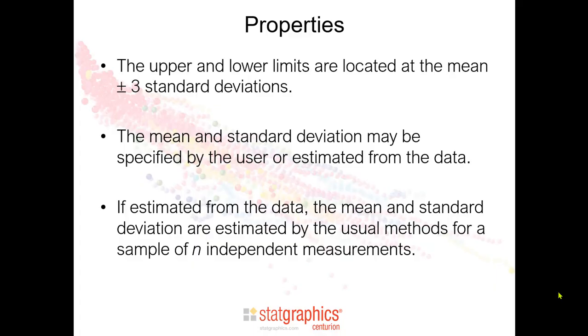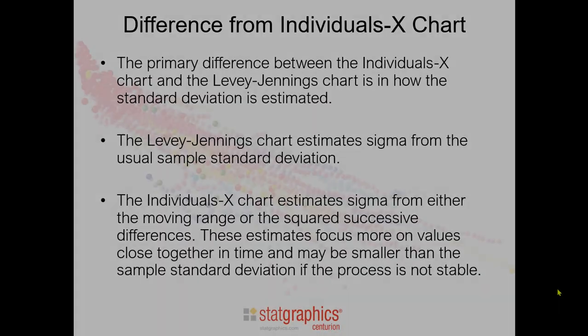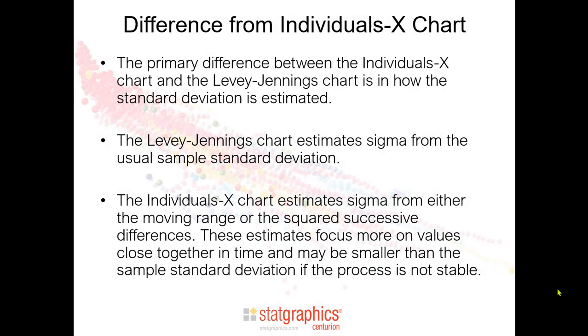If estimated from the data, the mean and standard deviation are estimated by the usual methods for a sample of n independent measurements. The primary difference between the individual's X chart and the Levey Jennings chart is in how the standard deviation is estimated.